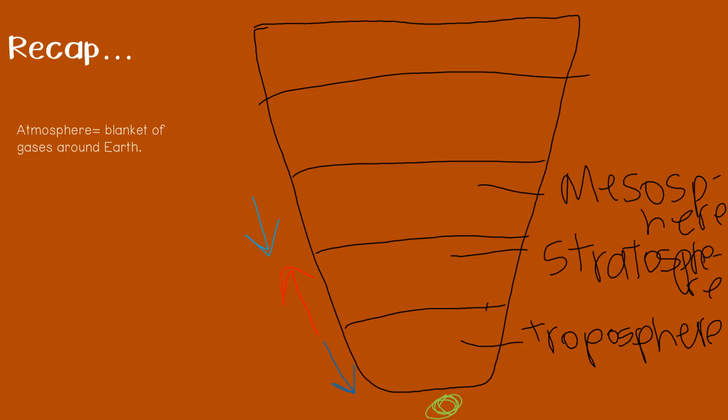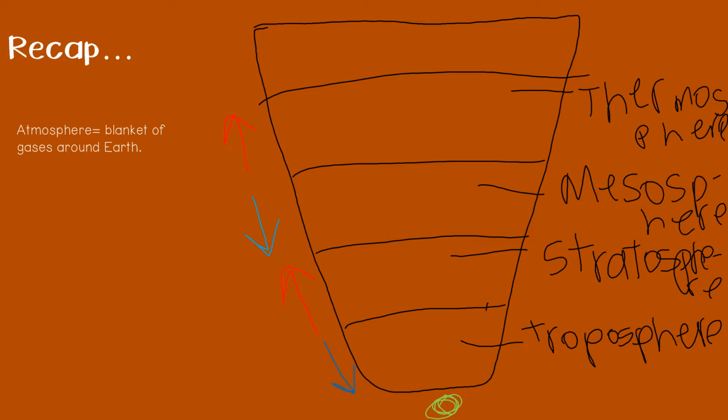Next, we have the opposite of the mesosphere, the thermosphere. The mesosphere is the coldest layer, but the thermosphere is the hottest layer. Since it's the warmest layer, is that temperature going to increase or decrease? Good job. That temperature is going to increase.